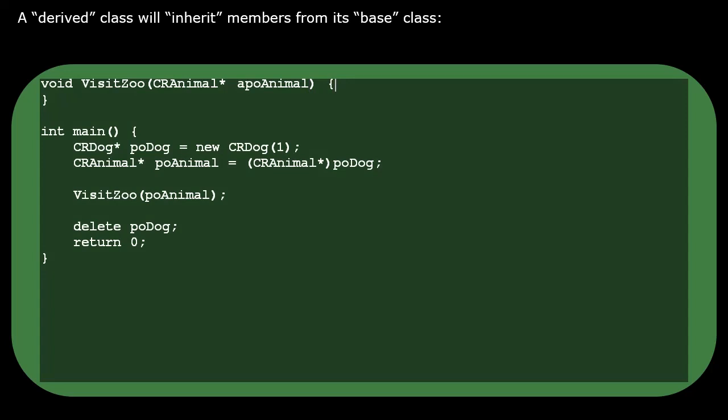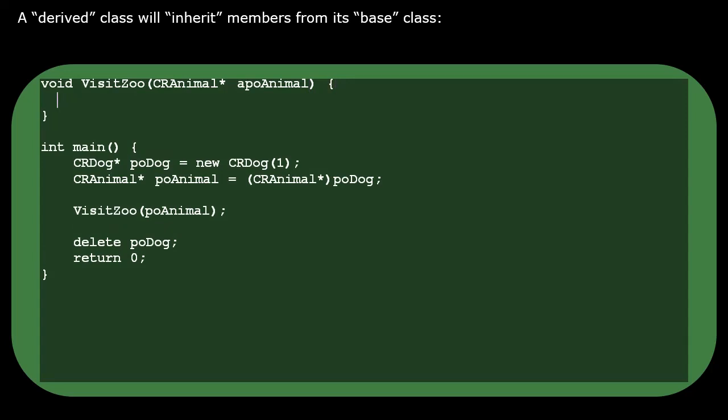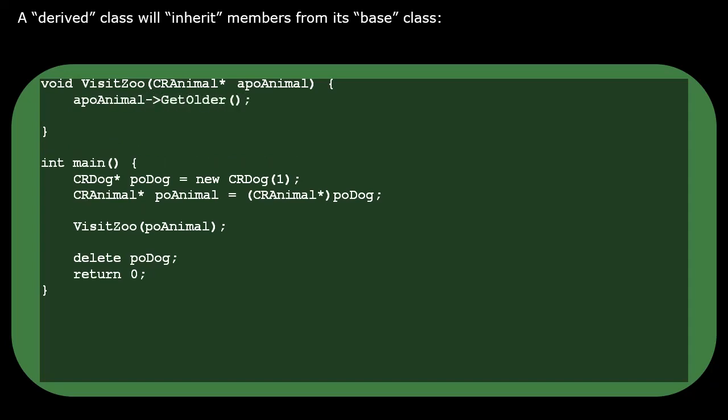When we are programming this visitZoo function, we know that we are being given an animal pointer as input. But inside our implementation of visitZoo, that portion of source code doesn't know that animal pointer has been pointing at a dog object.